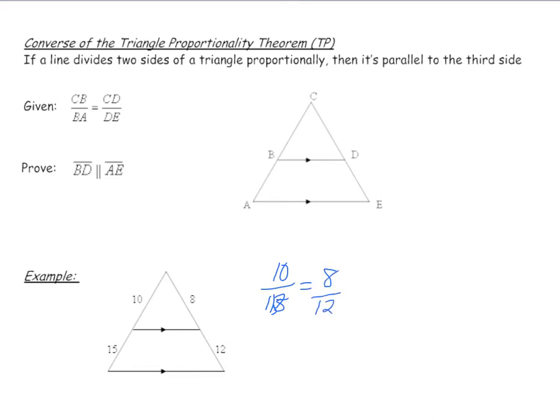If I cross multiply my quantities, I will end up getting 120 for the 10 times 12 and 120 for 8 times 15. So since I knew the proportion was the same, I ended up getting 2 parallel lines.